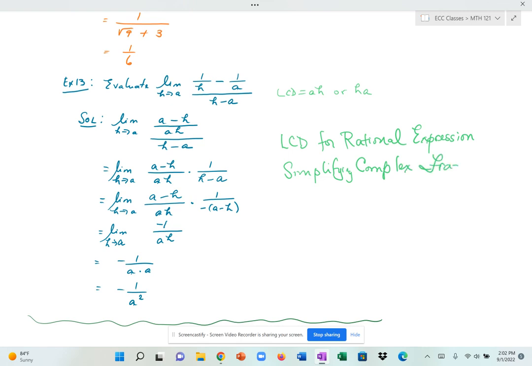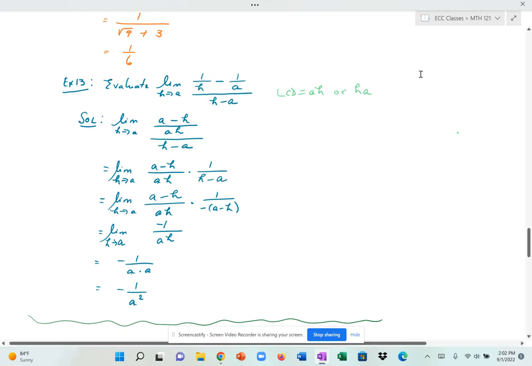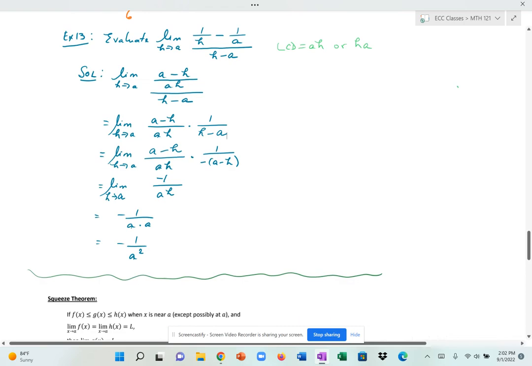And then you would need an LCD in order to do that. So if there's ever anything using algebra or pre-calculus that you don't remember, you really should try to figure that out before you continue in a calc class, because that just gets messier as you move through if you don't know those concepts.